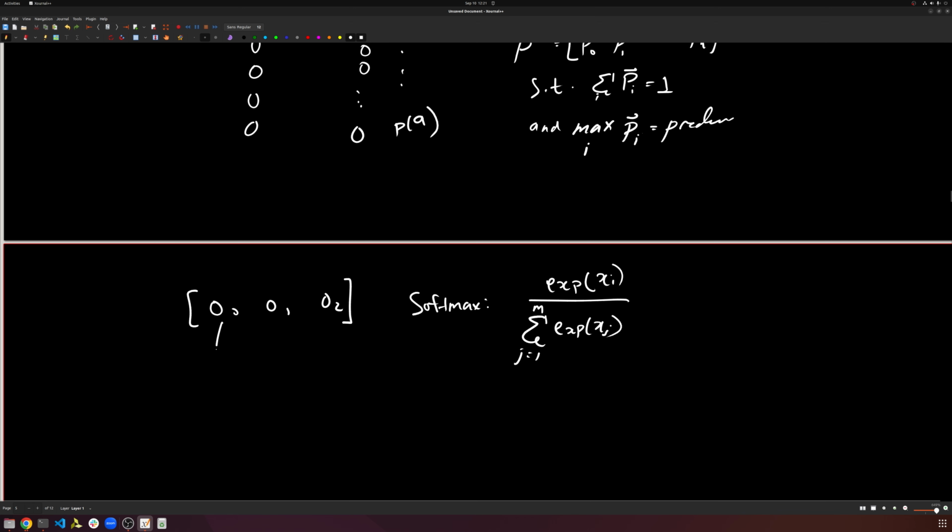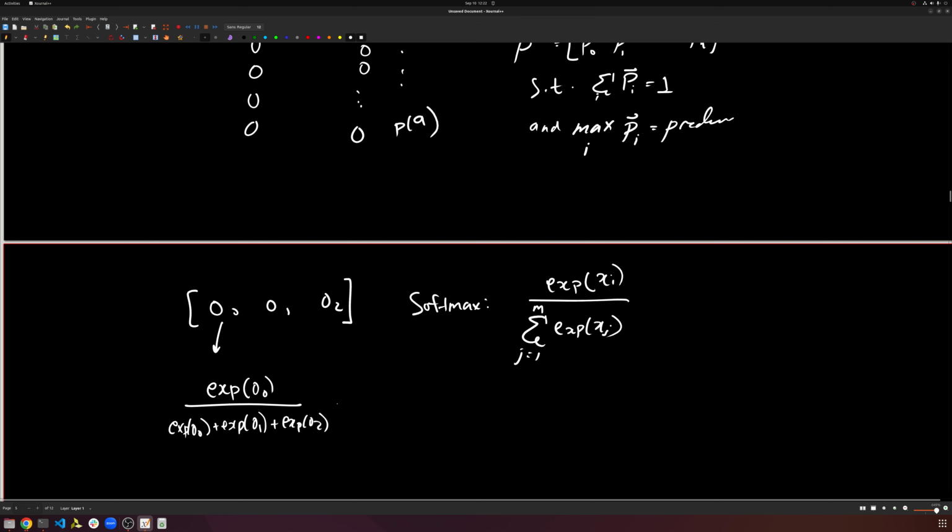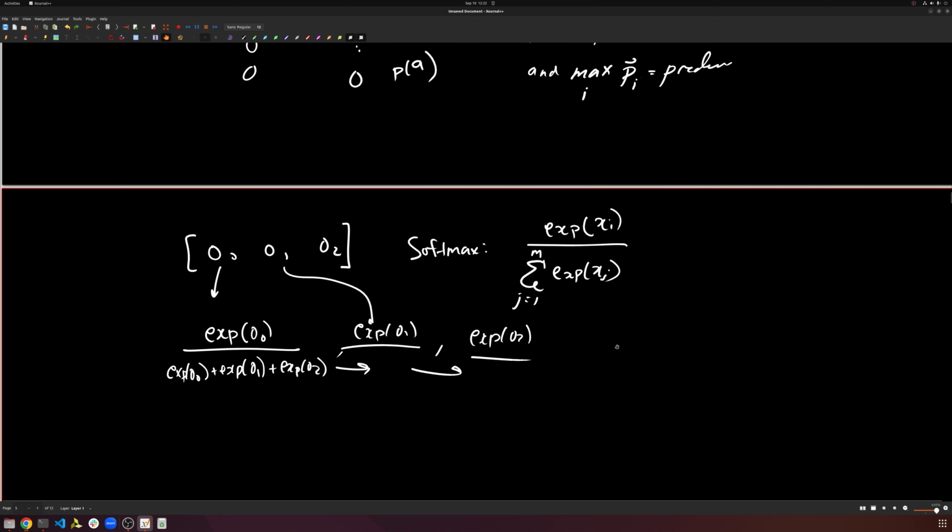So this means O0 will become exp(O0) divided by exp(O0) plus exp(O1) plus exp(O2). The next one, O1, will be exp(O1) divided by the same denominator. And the third one will be exp(O2) divided by the same denominator. So it's the same denominator over and over again.